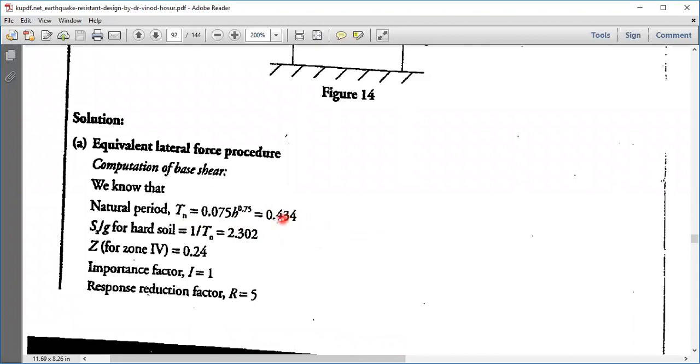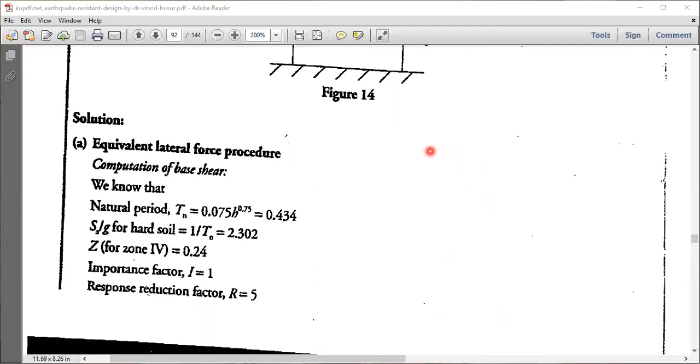Okay, for this particular Tn for hard soil, we have to pick the Sa by g value from the table on page 9 of your code book. So coming back to page 9, to get the Sa by g values, we have a set of two tables over here. One is for the static method, one is for the response spectrum method.